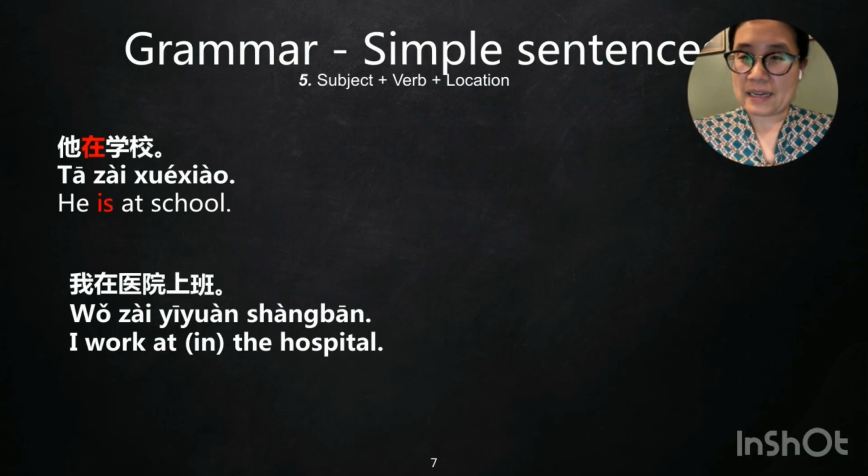You can just check if there are extra verbs in the sentence. For example, 我在医院上班. 上班 is a verb, right? Like it's work, so it's a verb. In those situations, 在 is a preposition. If there is no other verbs in the sentence, then the 在 will function as a verb. Like the first sentence, 我在学校. So in the first sentence, that is a verb.